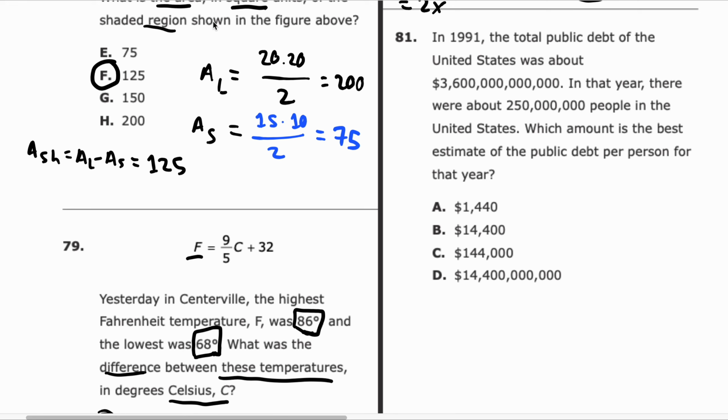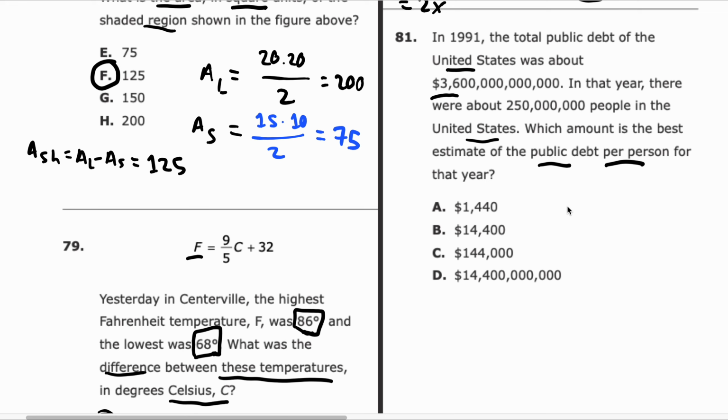Okay. In 1991, the total public debt of the U.S. was $3.6 trillion. In that year, there were about 250 million people in the U.S. Which amount is the best estimate for the public debt per person for that year?